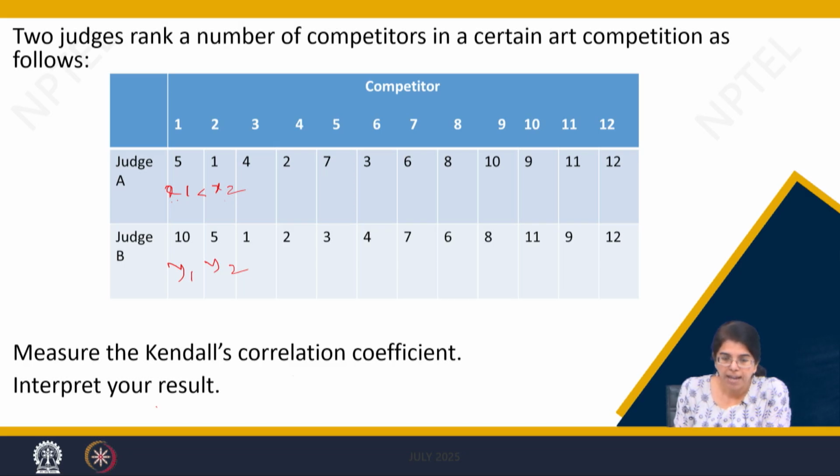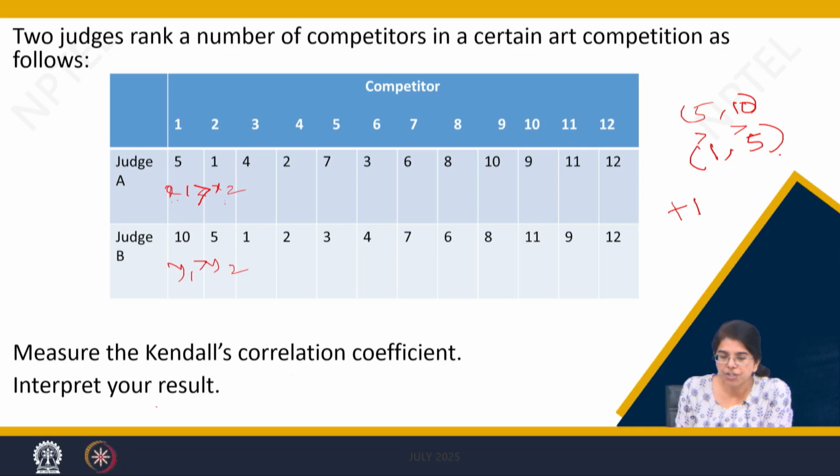So what can I do? x1 is bigger than x2. Does it imply y1 is also bigger than y2? Yes, y1 is 10 and y2 is 5, so this is greater than, and this is also greater than. We can say these two pairs are concordant. So for concordant pairs we are assigning +1.